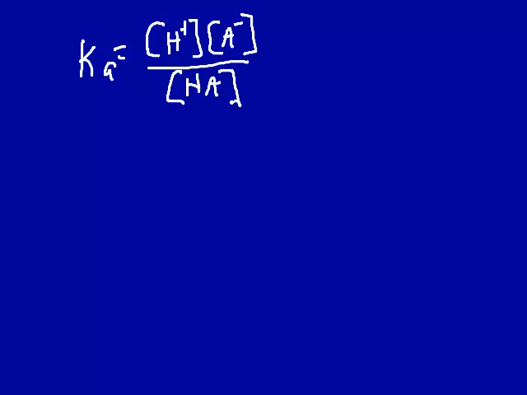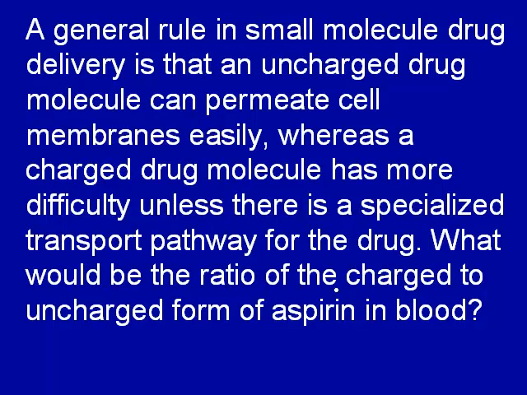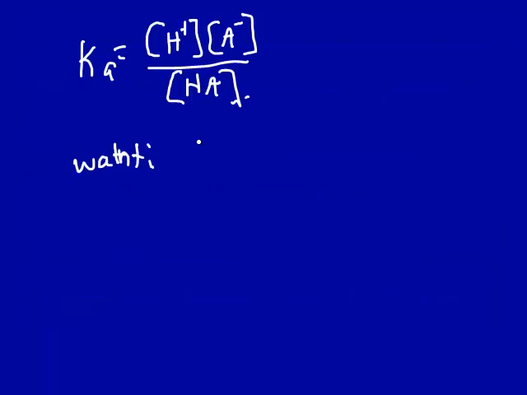Ka is equal to the concentration of H plus times the concentration of A minus over the concentration of HA. Now what we want in the problem is the ratio of the charged to uncharged form of aspirin. So the charged form of aspirin is A minus, the uncharged form of aspirin is HA.